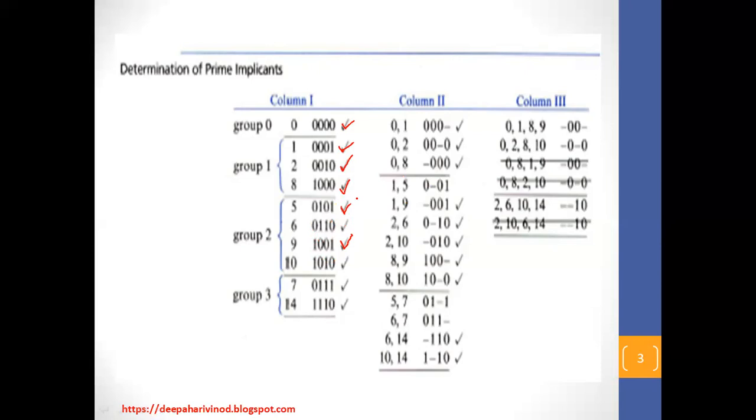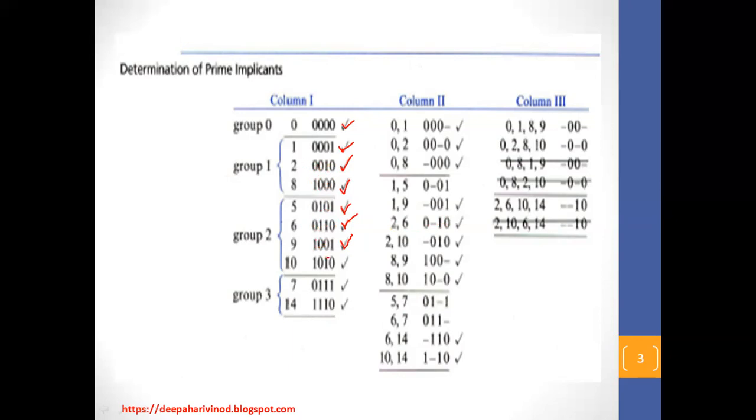Next, go for 2 and 5. It cannot be compared. Next is 2 and 6. It can be compared, as only the second bit changes and everything else is the same. So I put a tick mark for 6 and write a dash in the second bit. 2 and 9 cannot be compared.